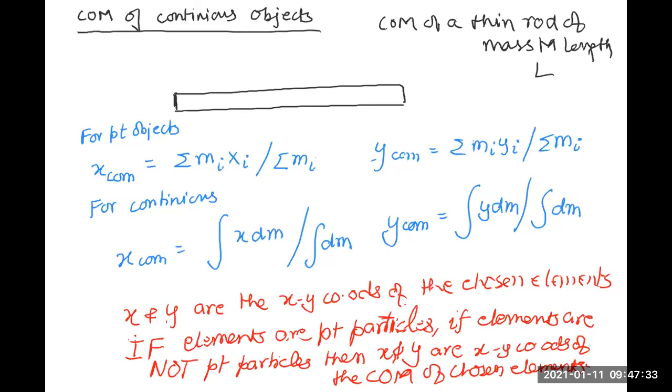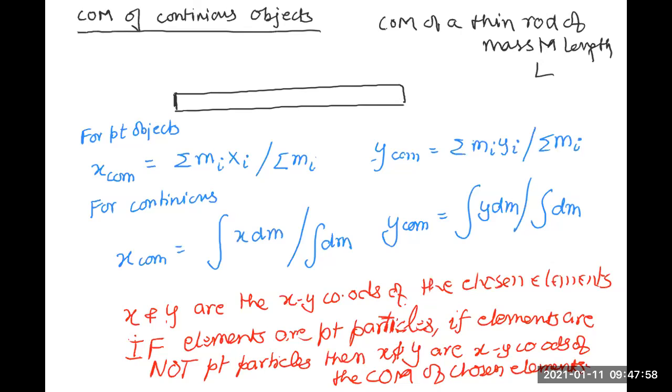Right. So the same thing I am saying here. I am saying that instead of writing summation mi xi, you are going to write integral x dm, where x would be the x coordinate of the particle itself if your chosen element is a point particle.